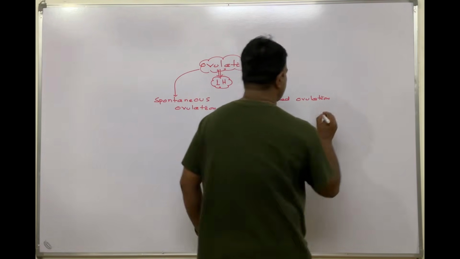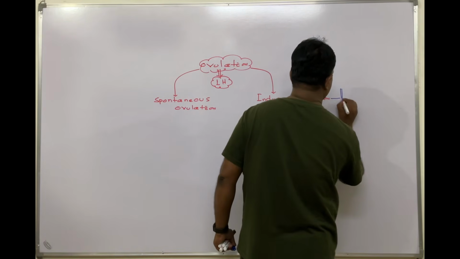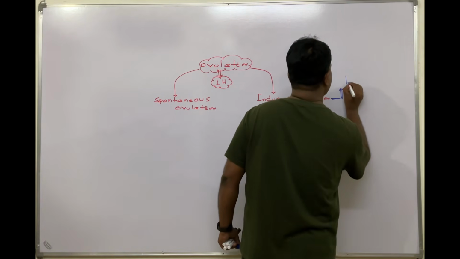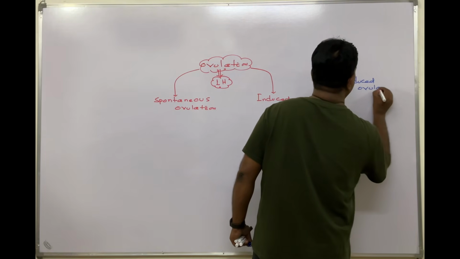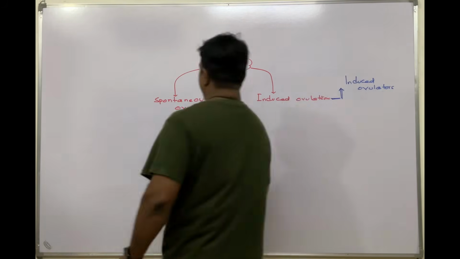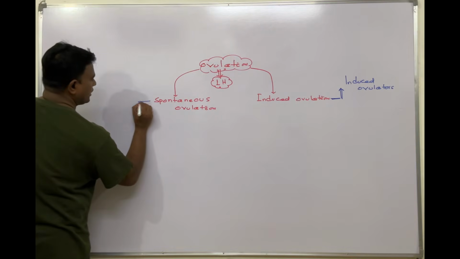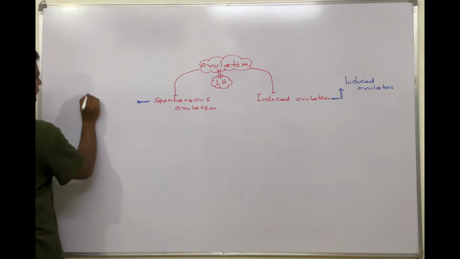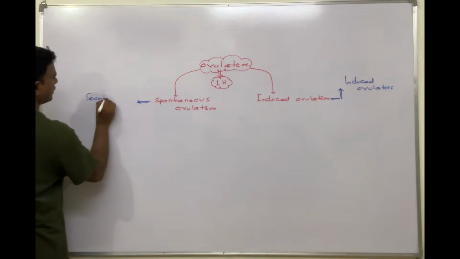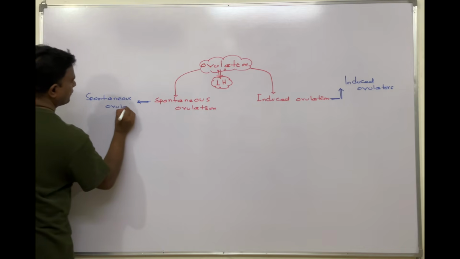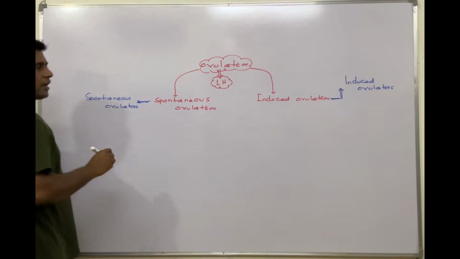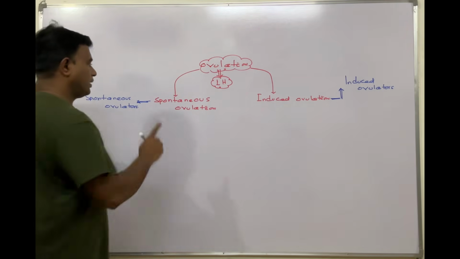Depending on this, the animals which show induced ovulation are known as induced ovulators, and these are known as spontaneous ovulators. We have to understand this in a generalized question.